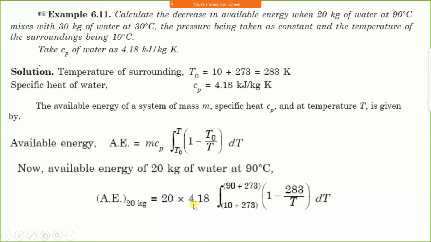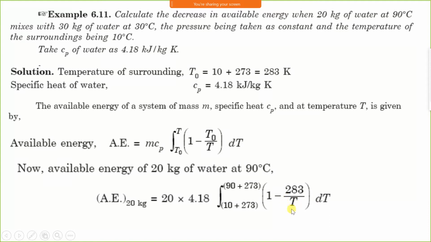Mass is 20 kg, specific heat is 4.18, T0 is 10 degrees Celsius plus 273, in terms of Kelvin, and T is 90 plus 273. 1 minus T0, that is the surrounding temperature 283 Kelvin, upon T into dT.